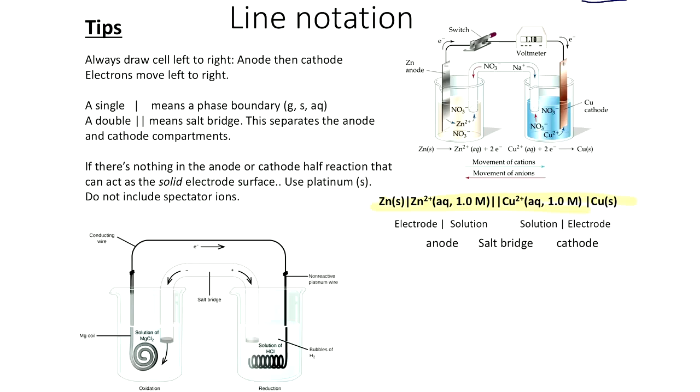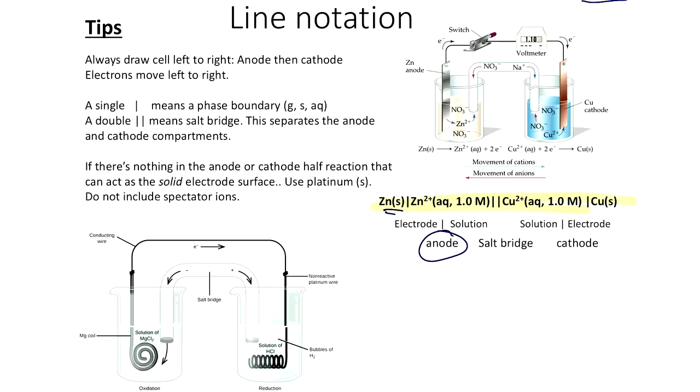How we deal with line notation is we still write everything left to right. So we want to draw the anode compartment, then the cathode compartment. There are just small details here. We typically want to tell the user what the solid electrode is that you're clipping your alligator clip onto. In this case, on the anode compartment, it's zinc solid.